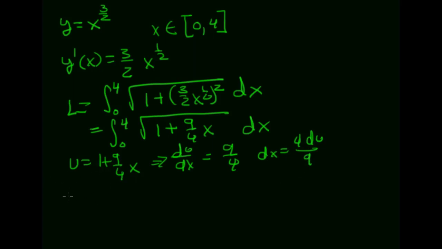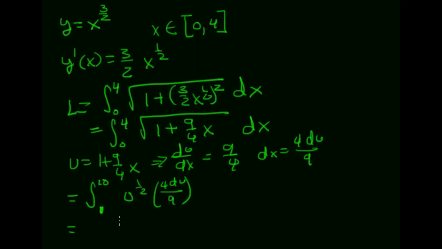Changing the bounds of integration, putting a 0 in there makes this a 1, and putting a 4 in there makes this a 10, which now gives me u to the 1/2 times 4 du over 9.